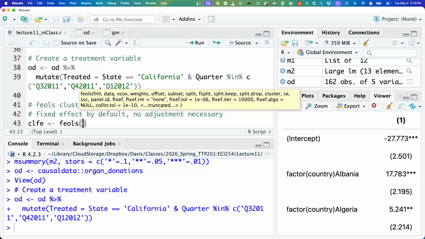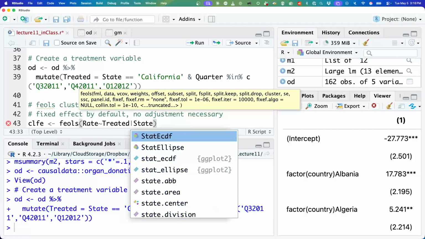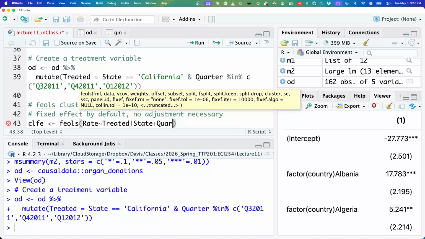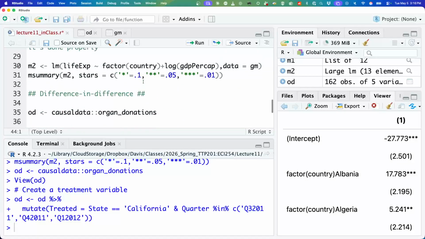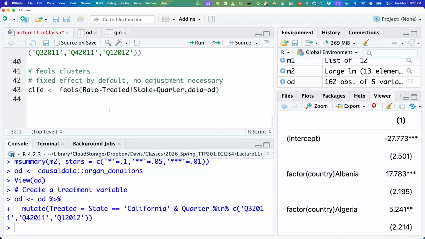So FEOLS is one of those, fixed effects ordinary least squares. And we're going to regress the donation rate on the treatment group, and then we will have fixed effect groups of state and time. And I'm going to do the same summary thing from this model here.